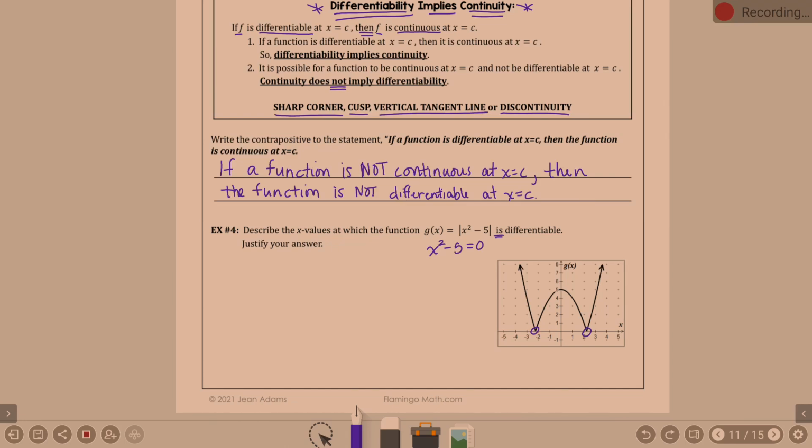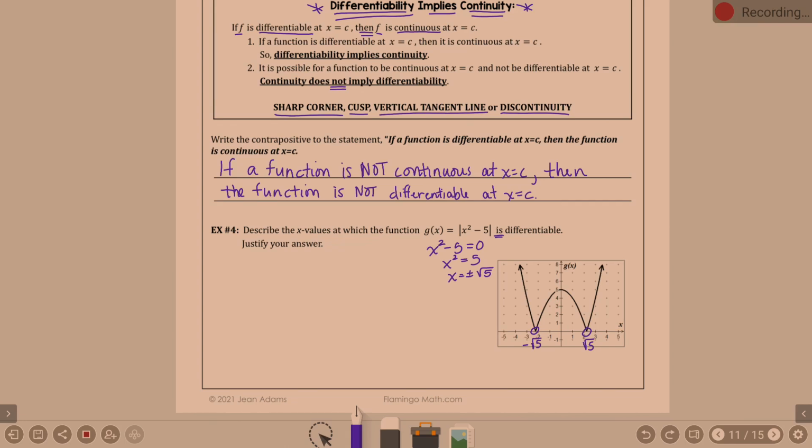Well, x squared equals 5, and what's x? Plus or minus the square root of 5. The square root of 5 is 2 point something. I don't remember what offhand. Okay. So that is positive square root of 5 and negative square root of 5 is where it's not differentiable.